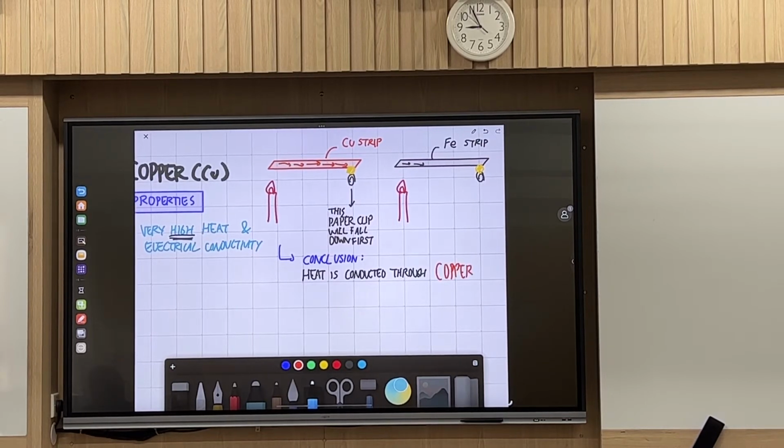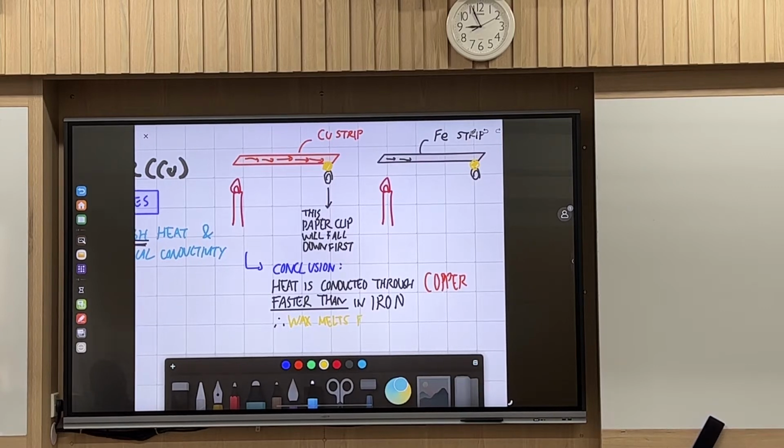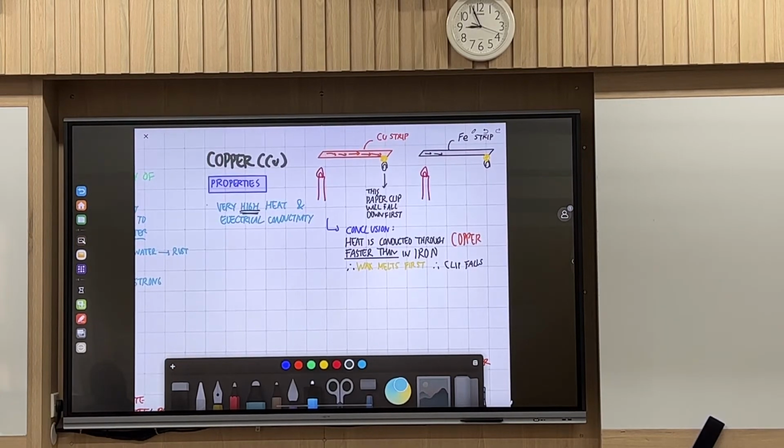This is why the wax melts first, and so it releases the paper clip first. So it's conducted through copper faster than in iron, therefore wax melts first. The wax on the left melts first, and the paper clip falls down. Is that clear?